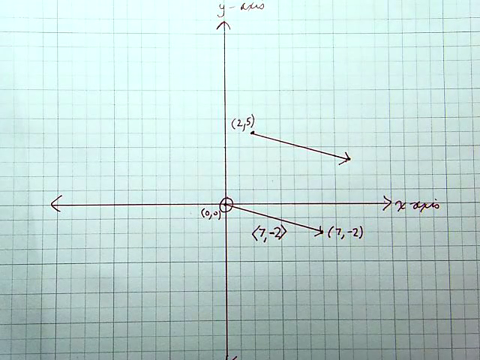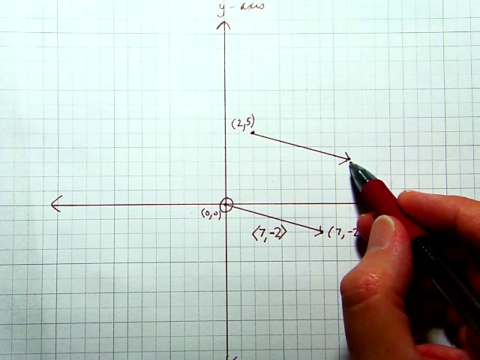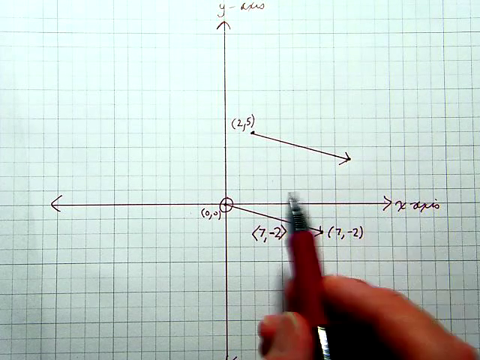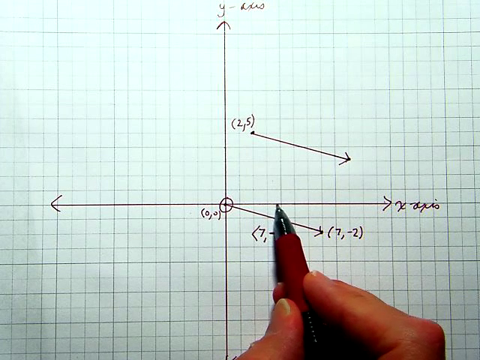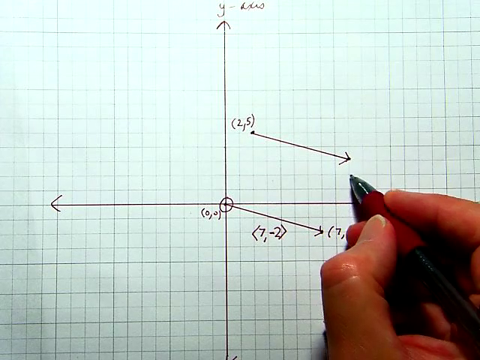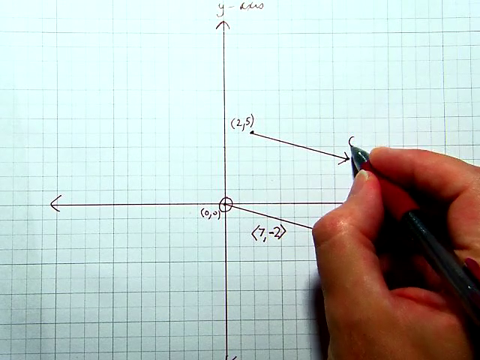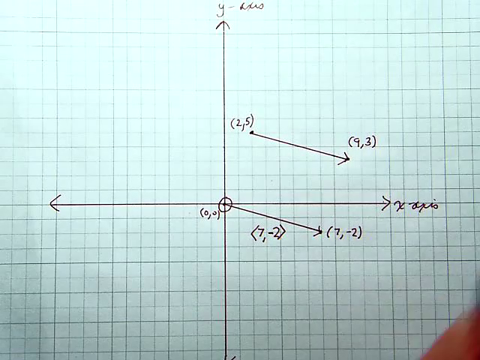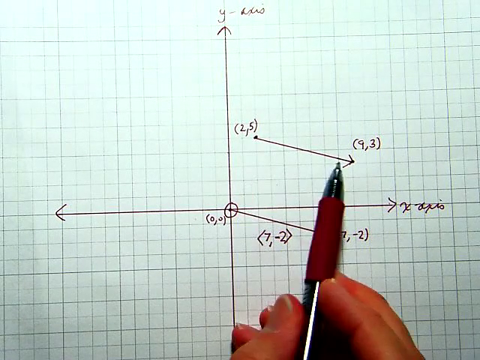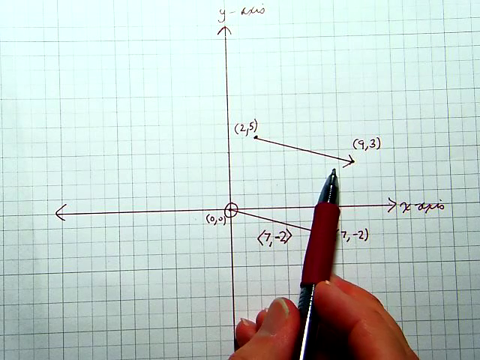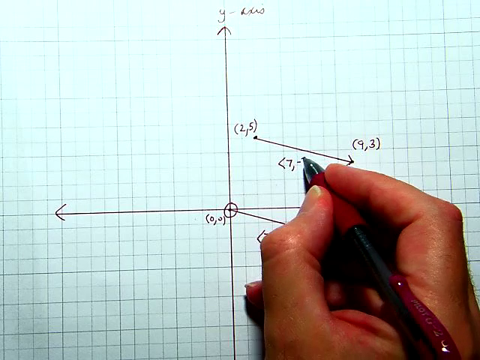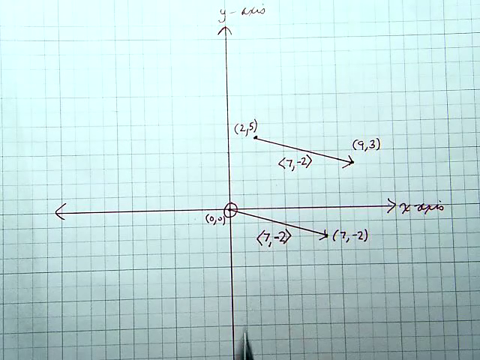Now this point here is not (7, -2). In fact, let's figure out what it is. It would be 1, 2, 3, 4, 5, 6, 7, 8, 9, and 1, 2, 3. It would be (9, 3). But the notation for this vector is still ⟨7, -2⟩ with the angular brackets.